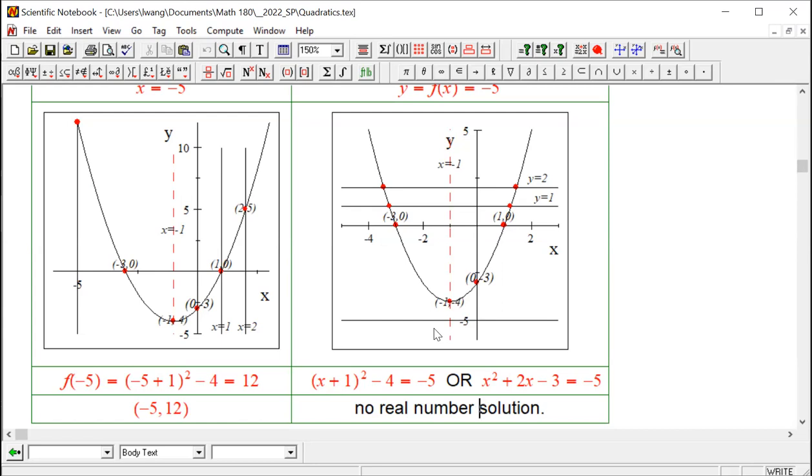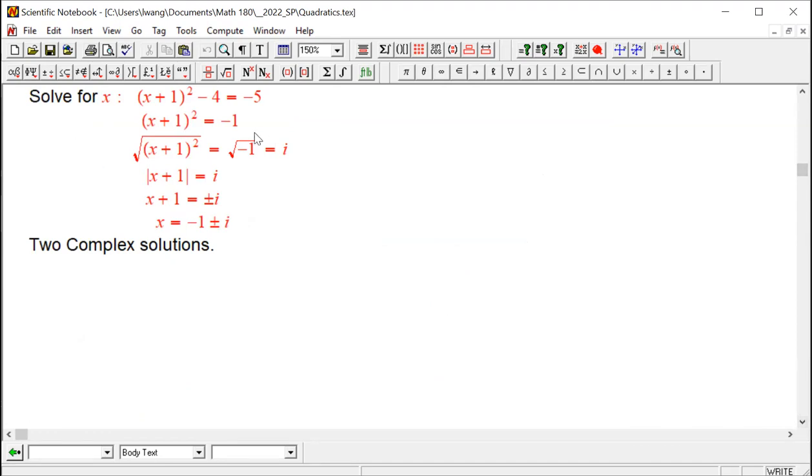If you see the graph give you something, then you know that you should not expect a real number solution. But sometimes you may have complex number solutions. So the graph tells us very well, and algebraically you can find out about this as well. So when you solve a quadratic equation and you encounter complex numbers, this merely tells you there are no real number solutions, there are two complex number solutions, and so on and so forth.